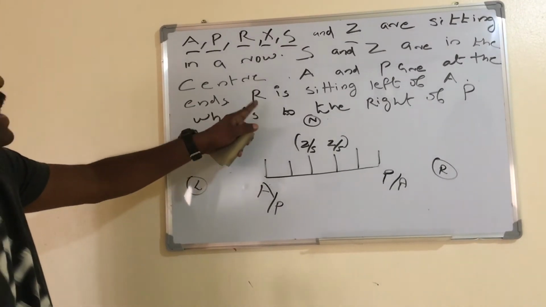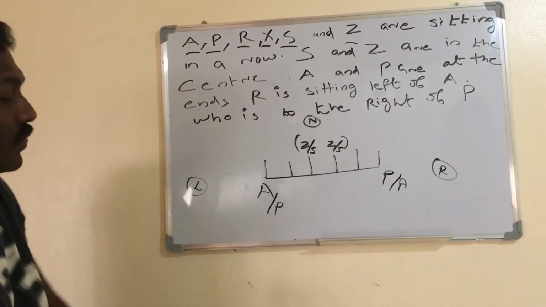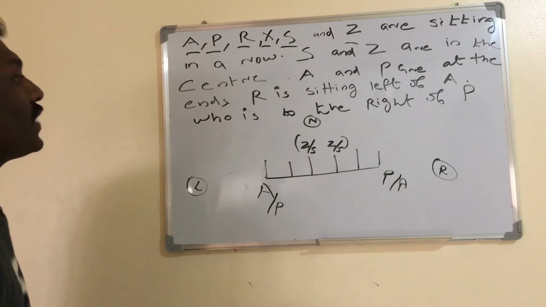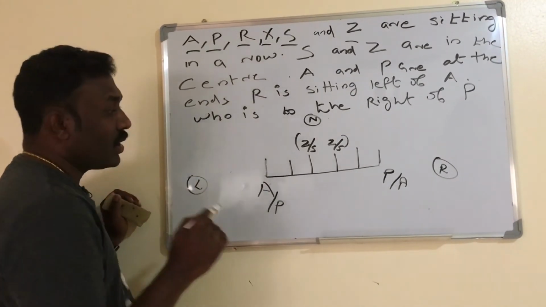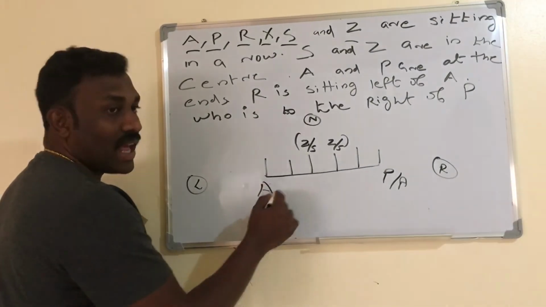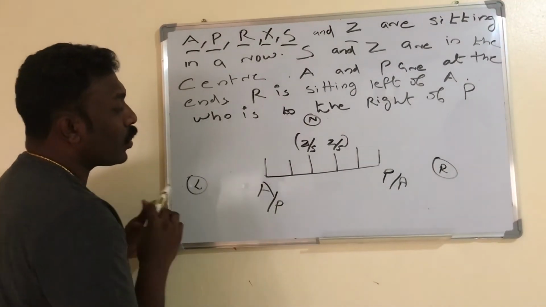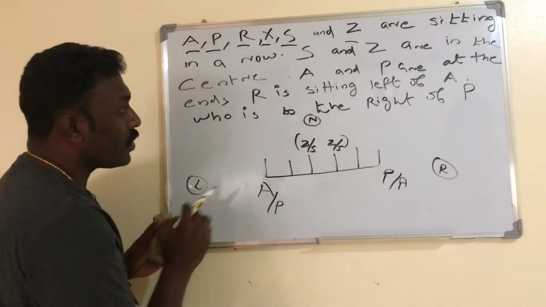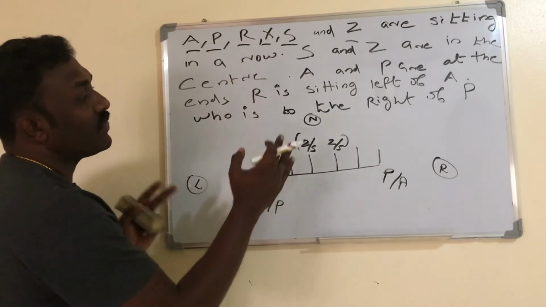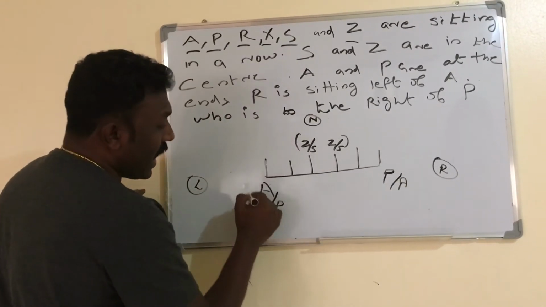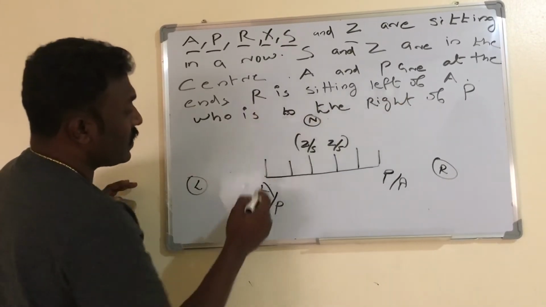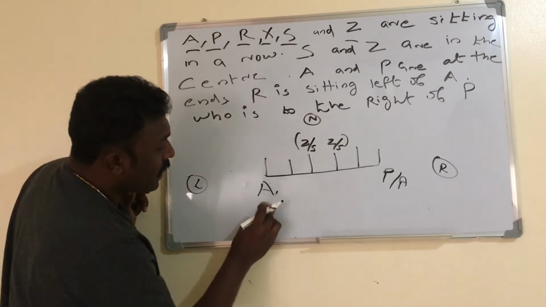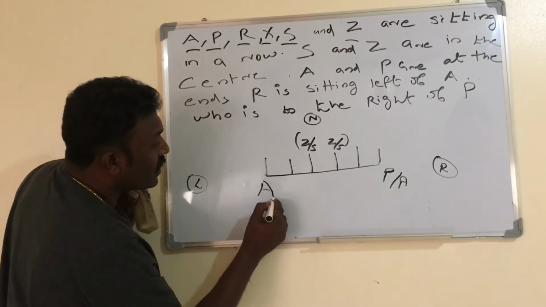Next they told that R is sitting left of A. See, if R is sitting left of A, then if A is sitting at an end, suppose A is here, where should R come?